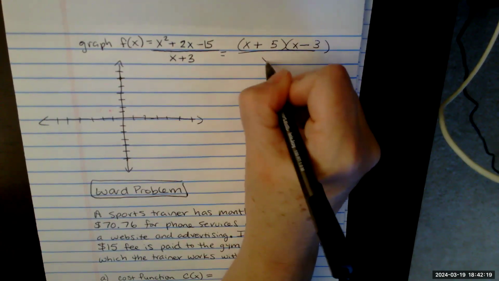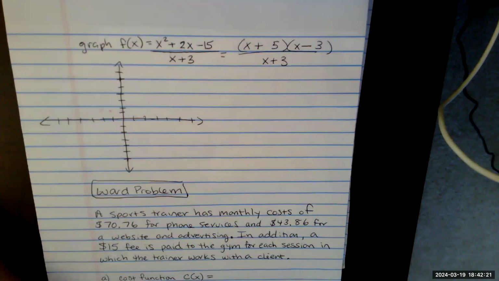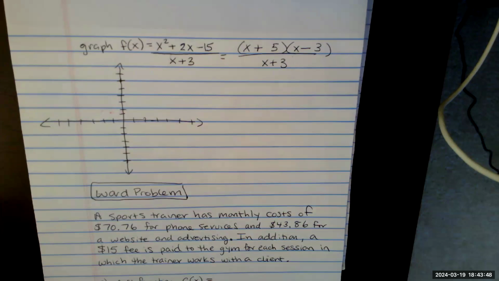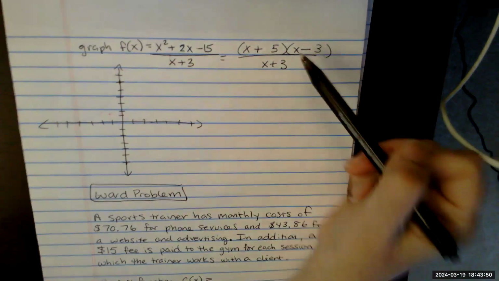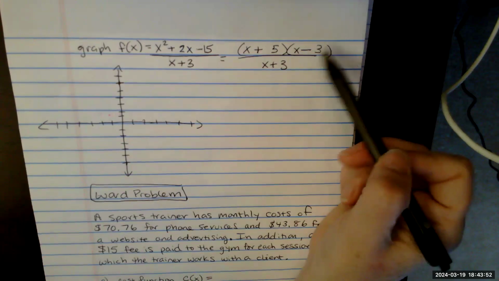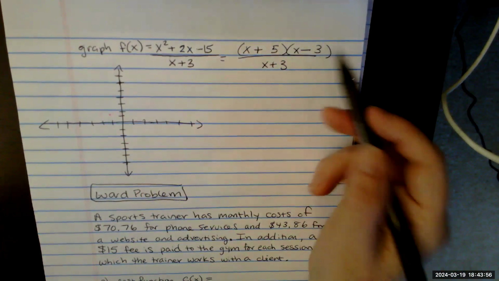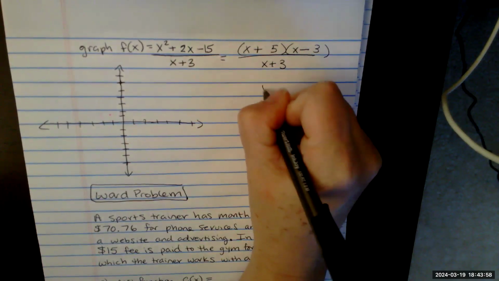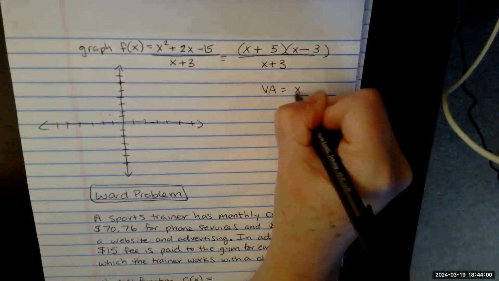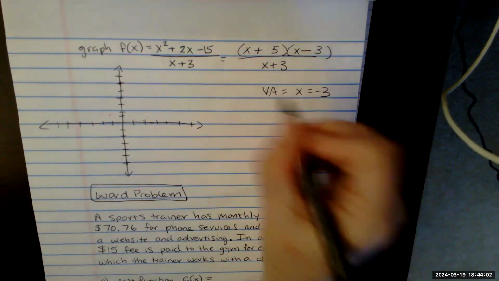So that's how it would work. I almost can cross these out. If I could cross these out, that would mean there's a hole at that point. But since I can't, we do have a vertical asymptote at x equals -3.